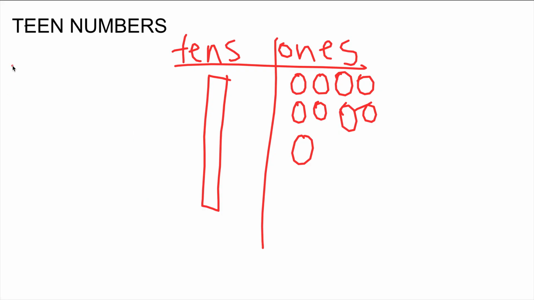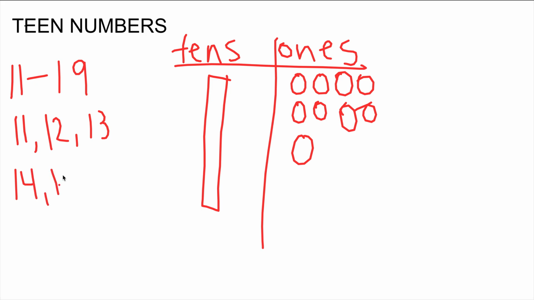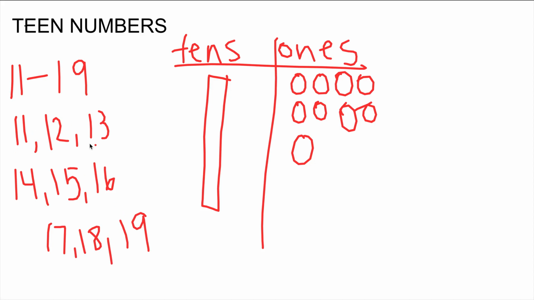So your teen numbers go from 11 to 19, because 11, 12, 13, 14, 15, 16, 17, 18, and 19 all have 1 ten and some ones.